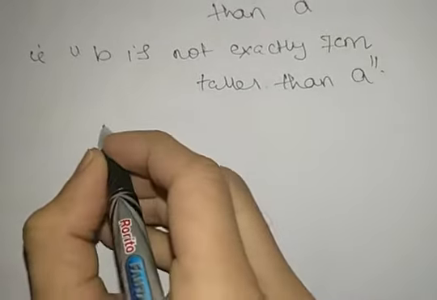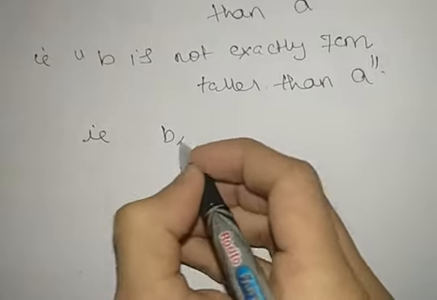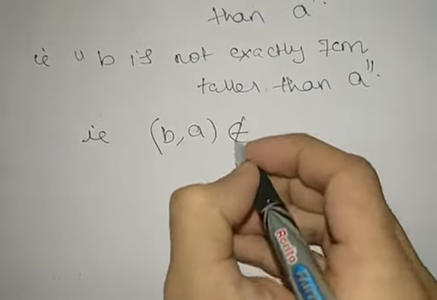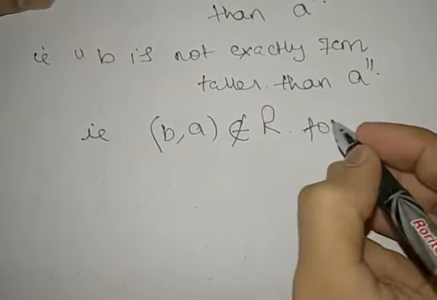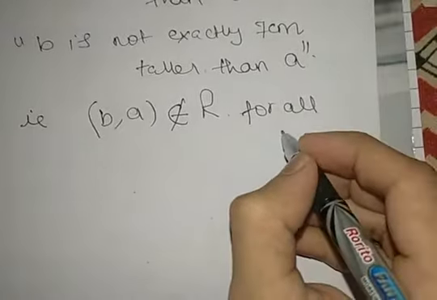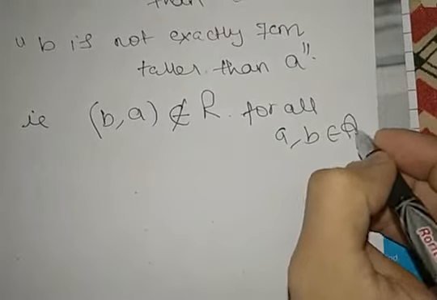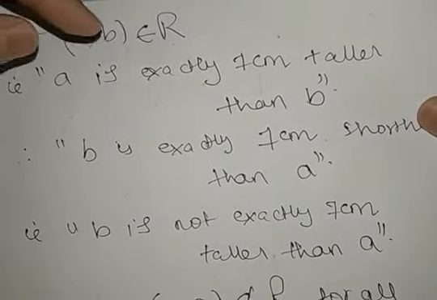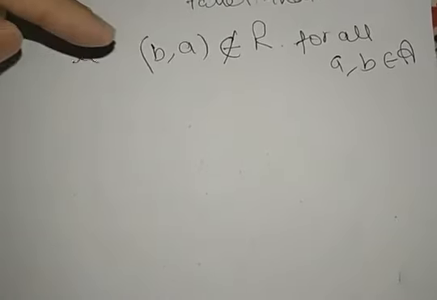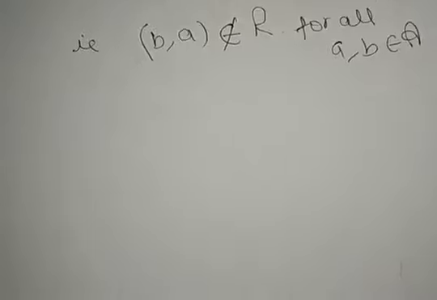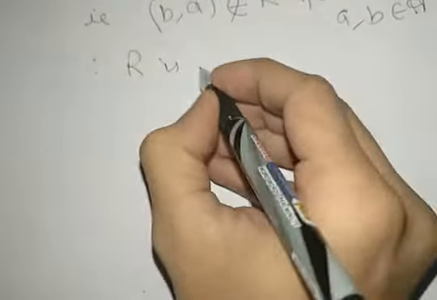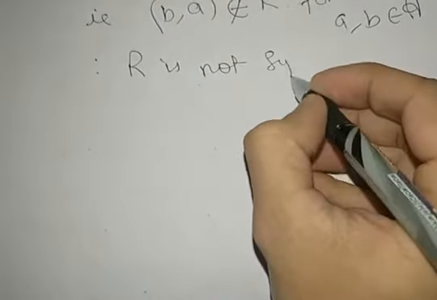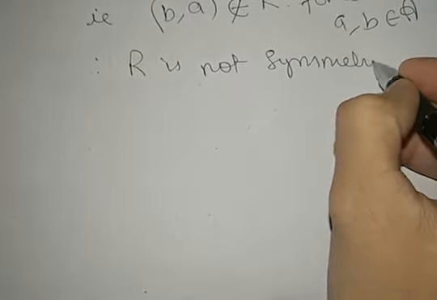So (b, a) doesn't belong to R. This is true for all (a, b) belonging to the set A. So (a, b) belongs to R, but (b, a) doesn't belong to R. Therefore R is not symmetric.